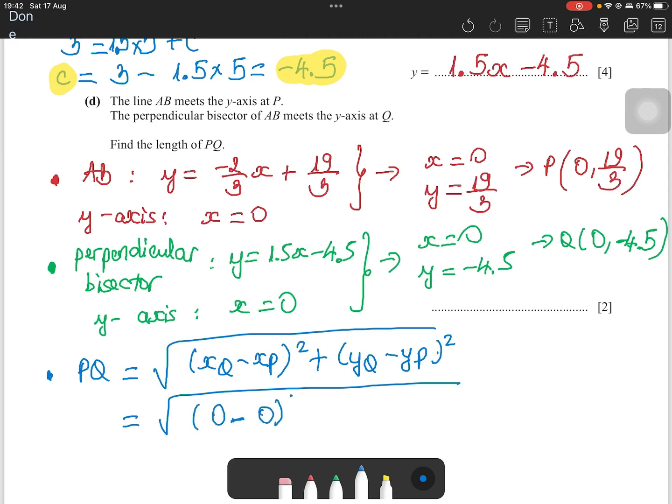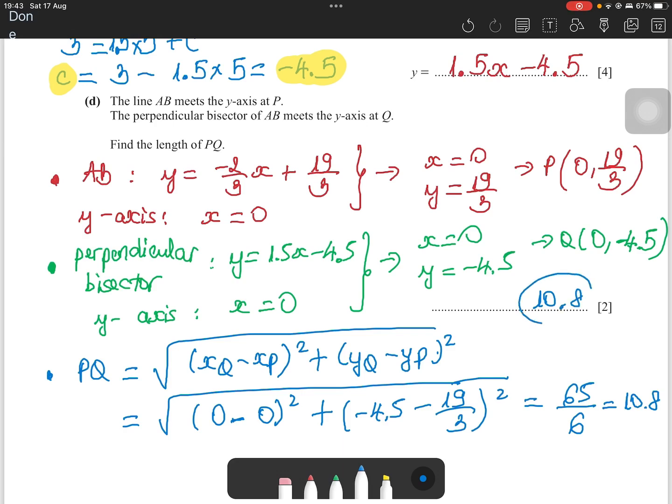So 0 minus 0 squared plus yq, which is negative 4.5, minus yp, which is 19 over 3, squared. So this is equal to 65 over 6, which is 10.8. So 10.8 is the final answer.